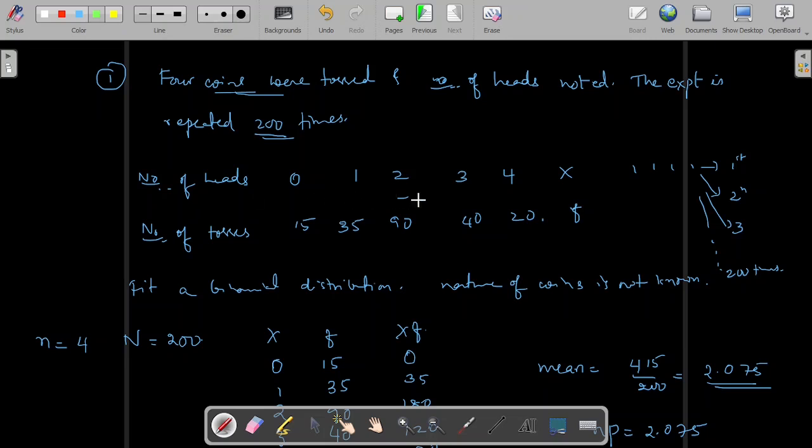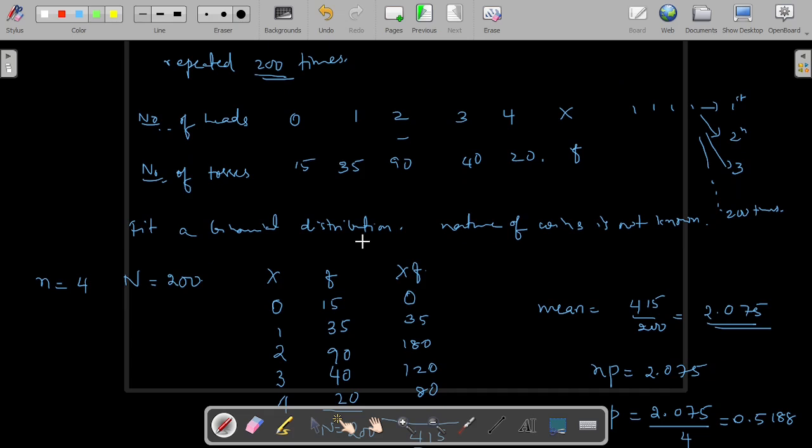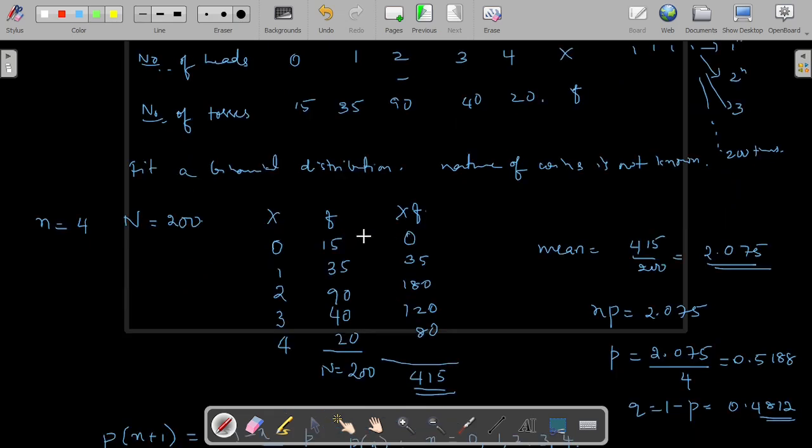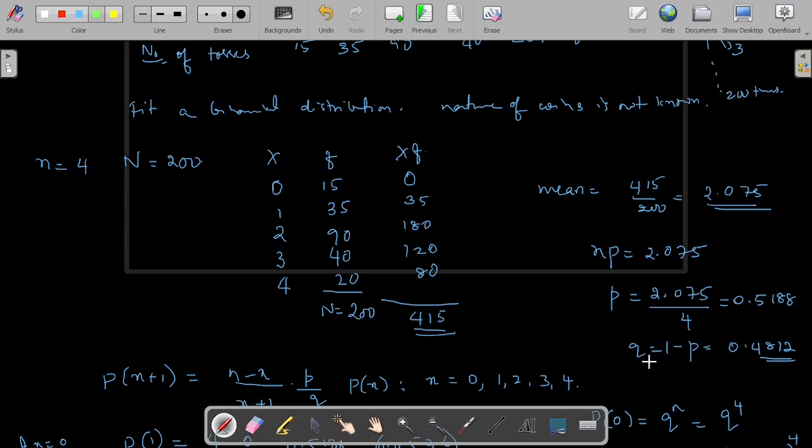So here they have given the number of heads and number of tosses. They have not mentioned what kind of coin it is, unbiased or biased. So we need to find the mean. Why do we need to find the mean? Because for a binomial distribution, the mean is given by np. Small letter n is already given, using which we can calculate p. Once p is obtained, you calculate q.